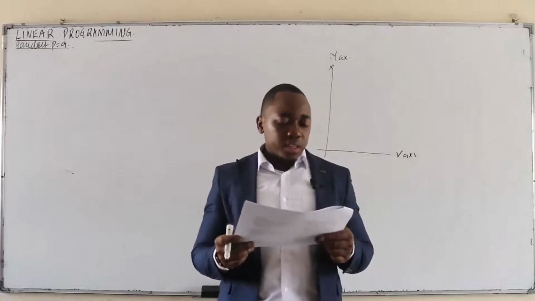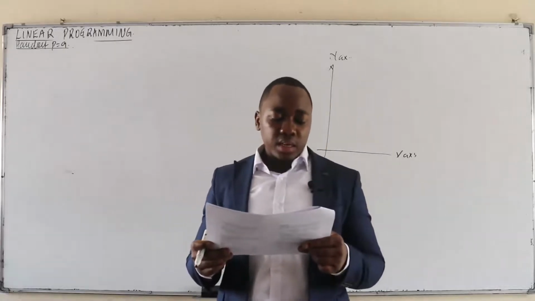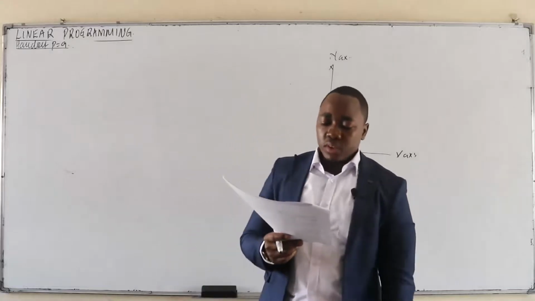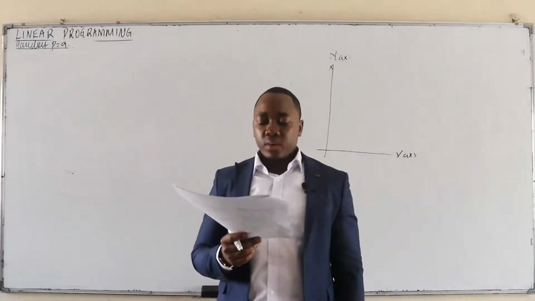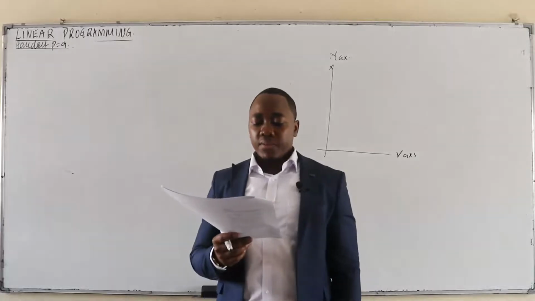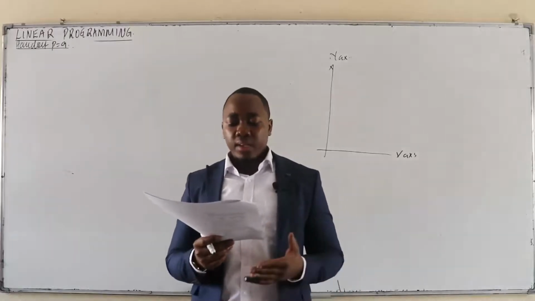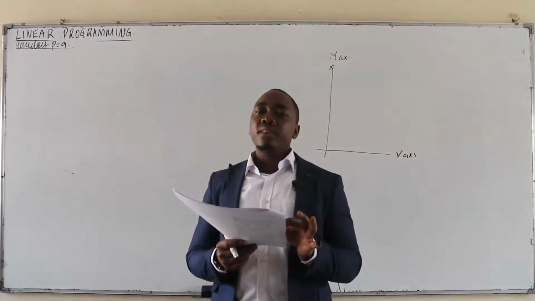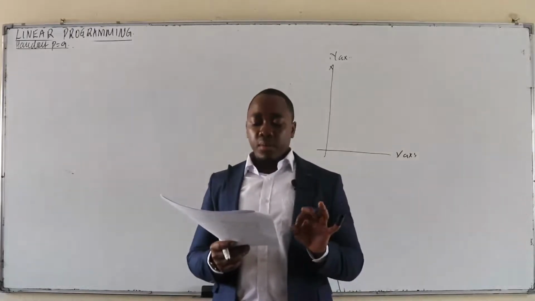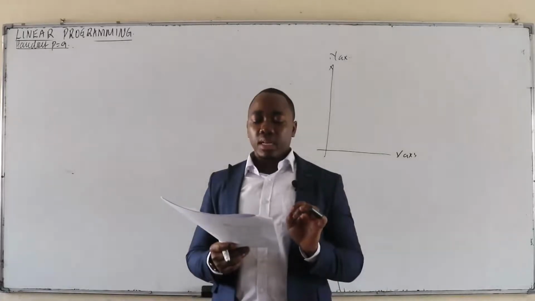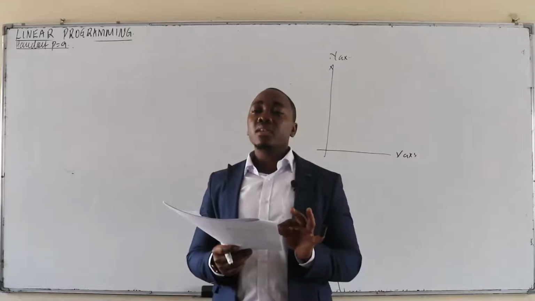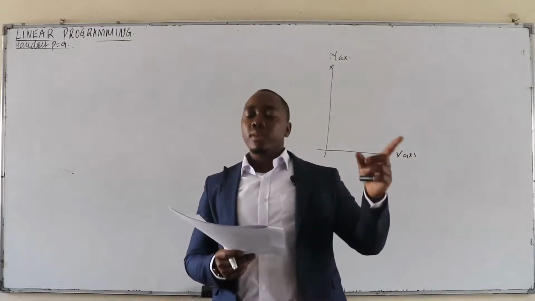The resource usage per unit in each product is shown in the table below. So you have the resource usage per unit for product X and Y. We have machine B1 in hours, machine B2 in hours, then we have labor hours. So in this case, we have three resources: machine B1, machine B2, and labor hours. All of them are also limiting factors, because we are told that for each machine there is a maximum of 200, so we cannot exceed.